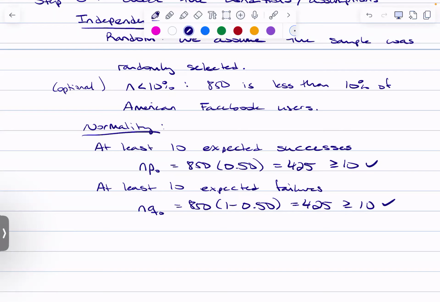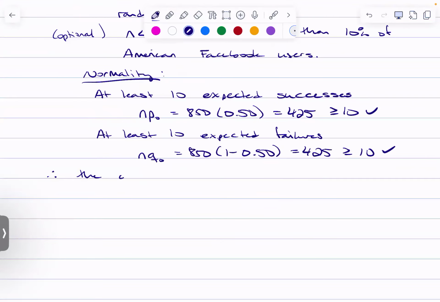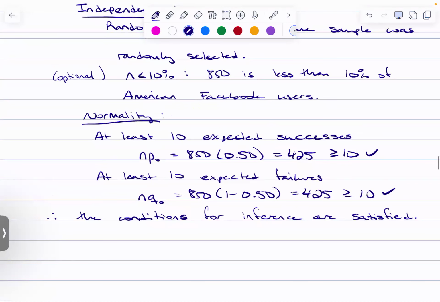Now we can move on with our lives and do the hypothesis test. Sometimes I like to say, therefore, the conditions for inference are satisfied. On the tests and on the final exam, there will be questions where you have to check the conditions, right?